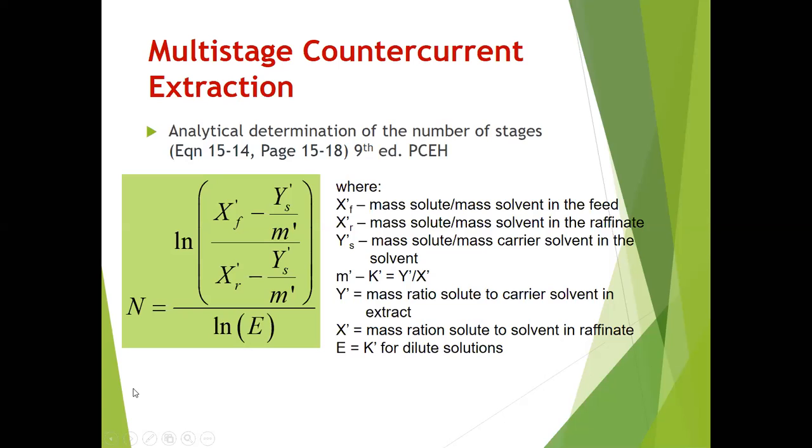So we just need to assume, for example, that your extract is already 25%. It's no longer dilute. Then you just have to make an assumption at the beginning of your solution. You just say that, assuming all phases in the solution are dilute, this will be the formula to use in finding the theoretical number of stages.